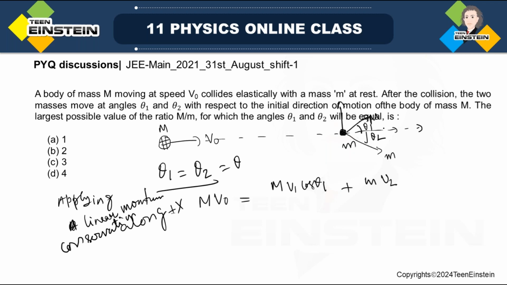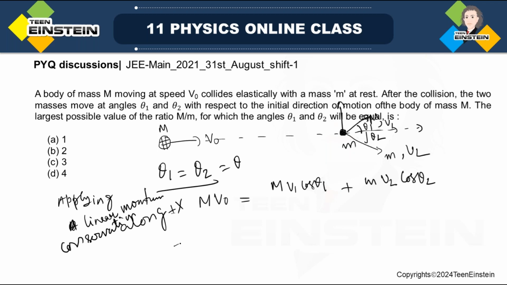This side it is moving with velocity v1, this as v2. So this will be mv2 cos theta 2.